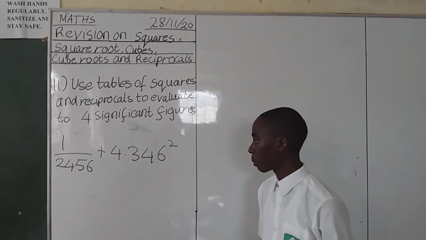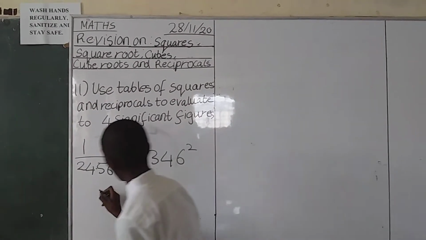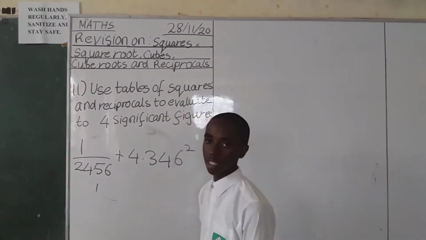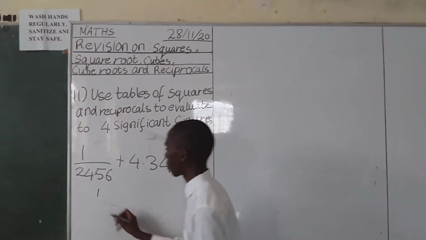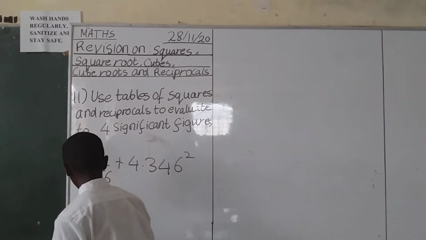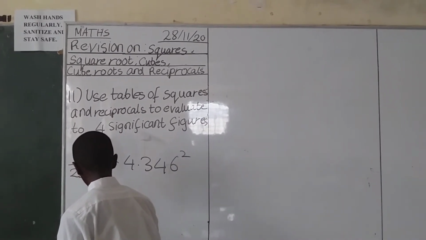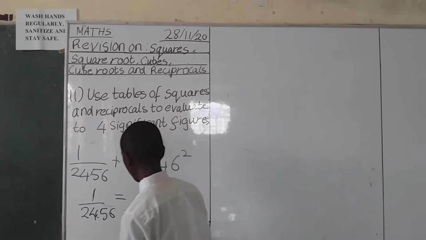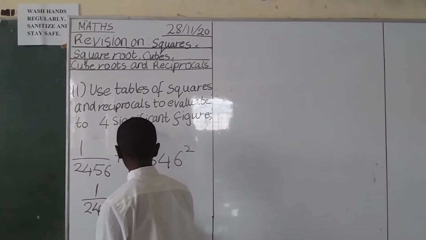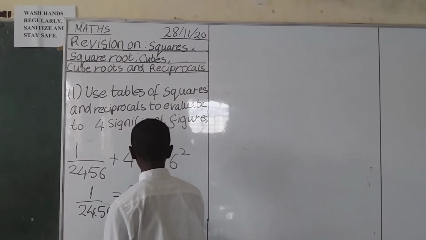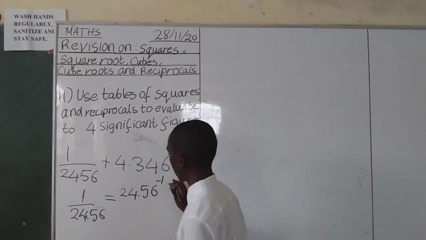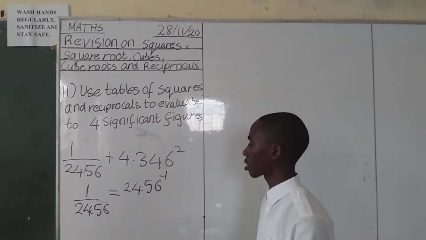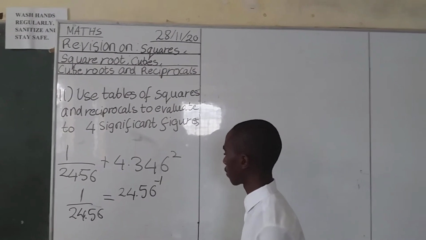Now, how do we go about this question? 1 over 24.56 is simply the reciprocal of 24.56. Looking at what's been written in the question, you're looking for the reciprocal of 24.56 raised to power negative 1. So we continue with the process of looking for reciprocals of numbers.